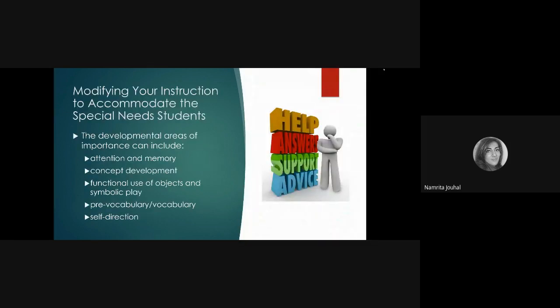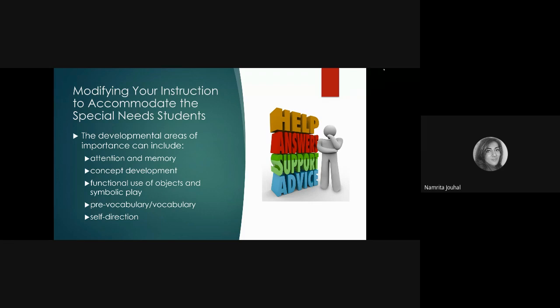Then you need to modify your instructions whenever required to accommodate the special needs students. That would be attention and memory, concept development, functional use of objects and symbolic play, pre-vocabulary and vocabulary, and self-direction. All this should be catered to when you are planning. And initially, if you feel that you're not that great at handling the students, then management should help as well.